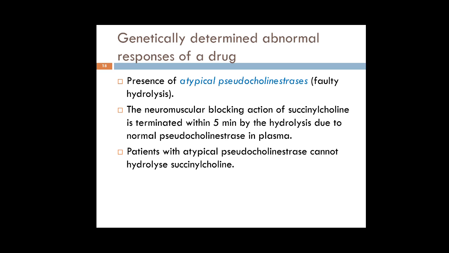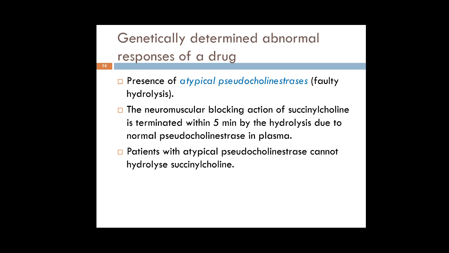Okay, so the neuromuscular blocking action of succinylcholine is terminated within 5 minutes by hydrolysis due to the presence of normal pseudocholinesterases in plasma. What happens normally when we give succinylcholine as a muscle relaxant to a patient? It has a very quick duration of action, that is, the action lasts only up to 5 minutes. Why? Because this succinylcholine gets metabolized by pseudocholinesterase, which is present in plasma.